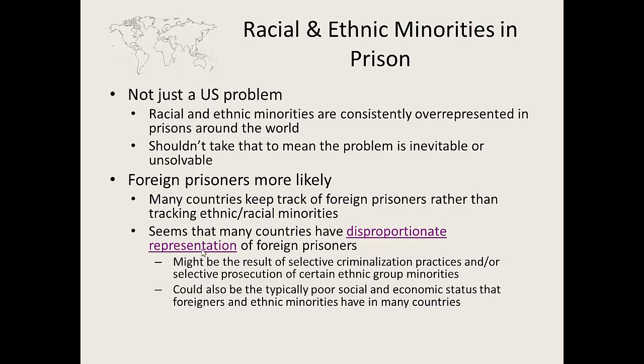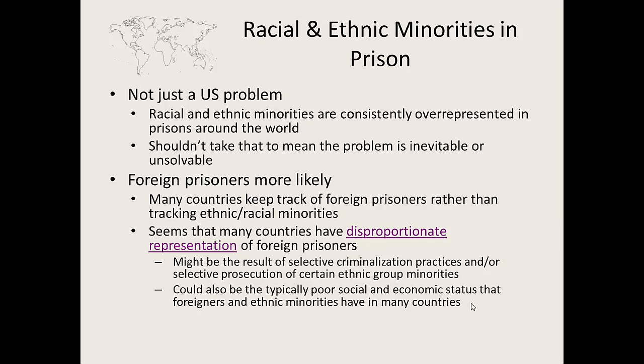The last two items here indicate some of those suggestions that have been offered as to why there is a disproportionate representation. It might be the result of selective criminalization practices and/or selective prosecution. It could also be simply that the poor social and economic status that foreigners and ethnic minorities have in any country leads to more crime by those groups, and that's why they end up having a greater representation in prison.